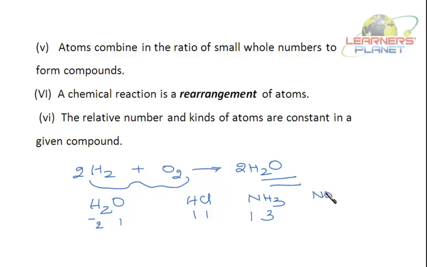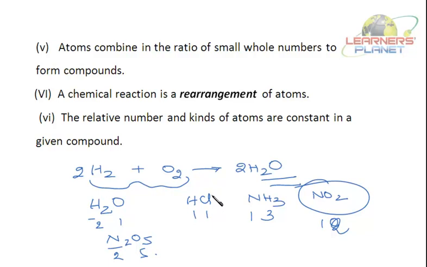Then take another compound, nitrogen dioxide. In this compound, the number of atoms of nitrogen is 1 and oxygen is 2. Likewise, N2O5, nitrogen pentoxide: the number of atoms of nitrogen is 2 and oxygen is 5. Likewise, they've got a fixed ratio by mass also.